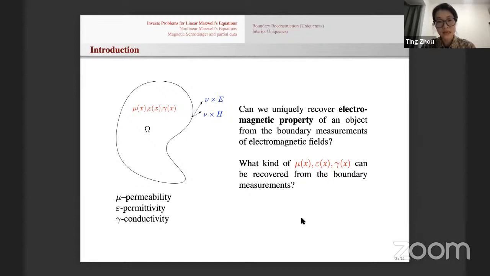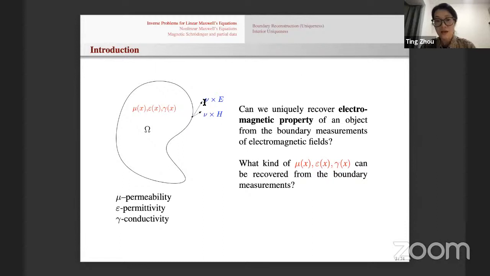The measurements we're taking here are also boundary measurements. Essentially, these are measurements of electromagnetic waves, and in particular, we consider time harmonic solutions for the Maxwell's equations. And we'll see in order to get this information, we only need to measure the tangential component of E and H, these electromagnetic fields.